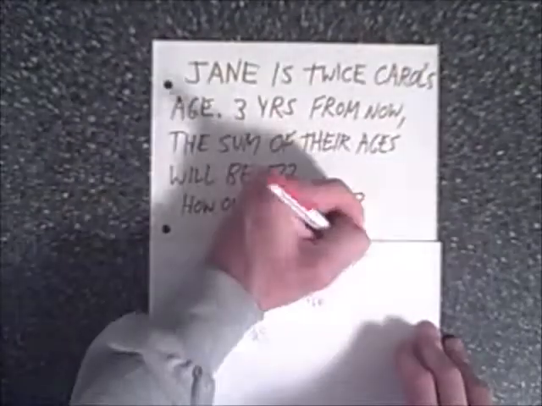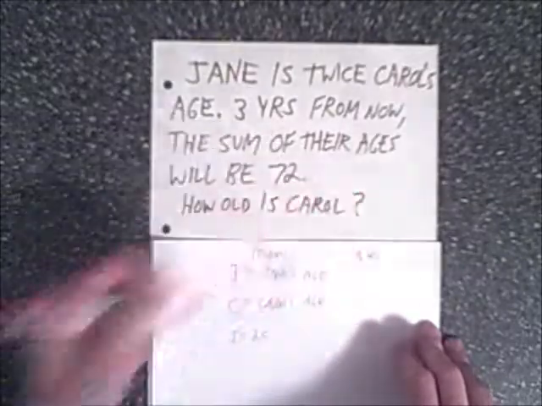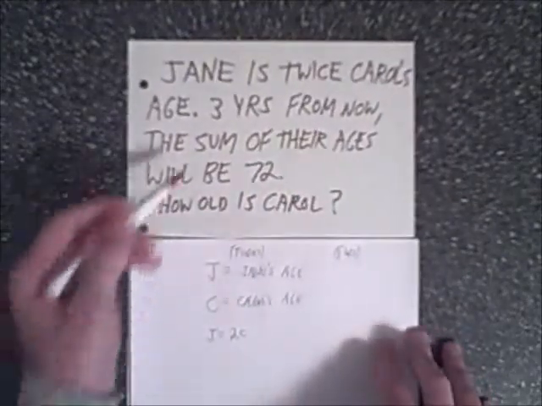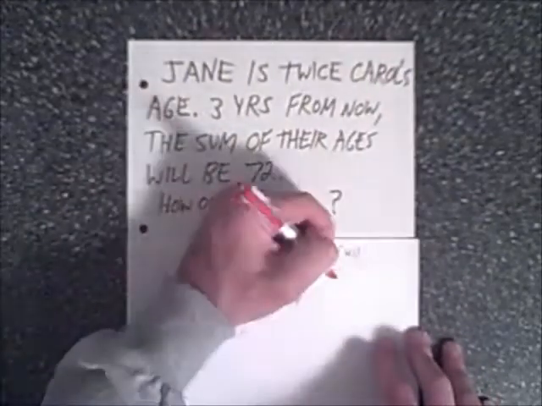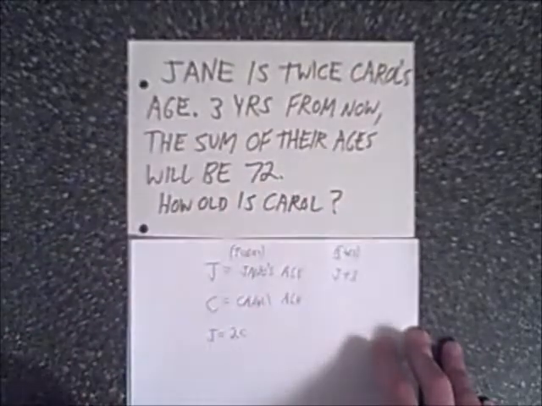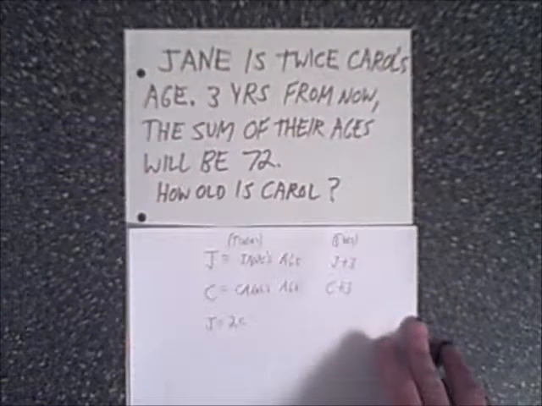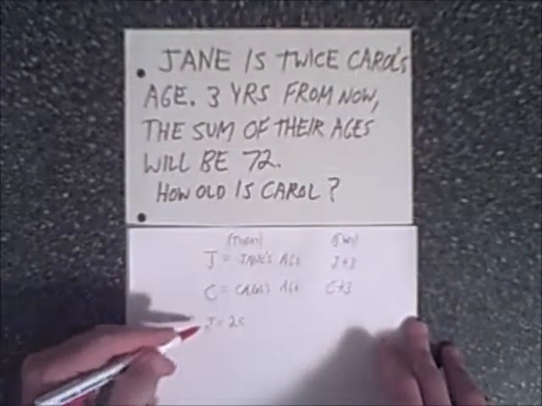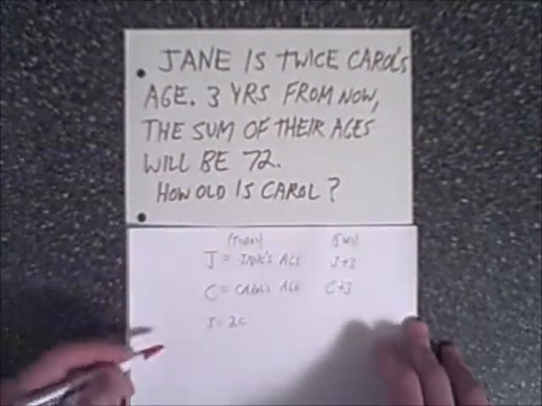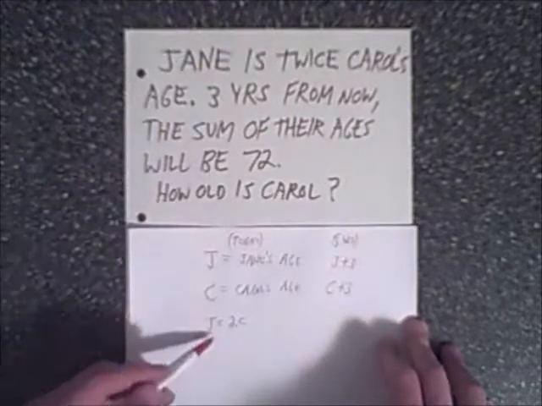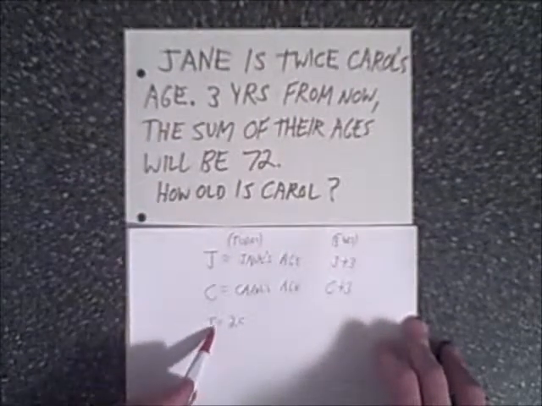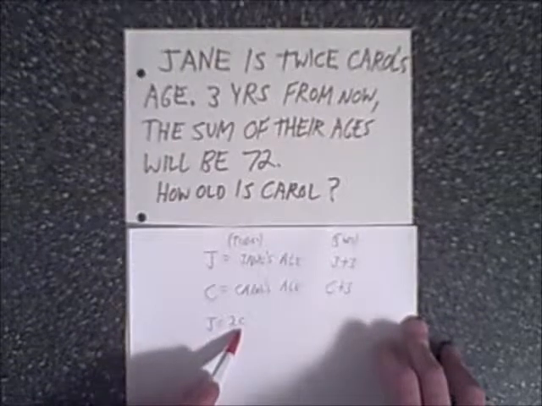3 years from now, so we're going to do 3 years and do another column. Jane will be J plus 3. And Carol will be C plus 3. Okay, and then we can also note that Jane is also going to be, well, we'll leave that part for later. But, oh no, actually, let's put it in right now. Let's change this. J is equal to 2C.